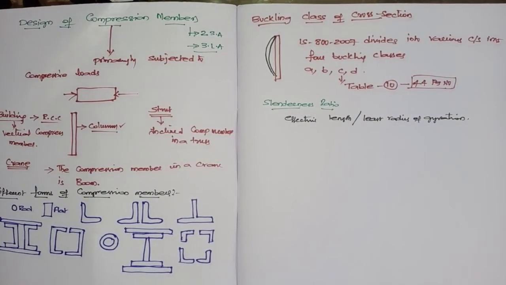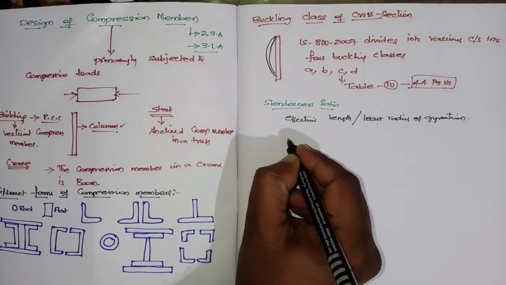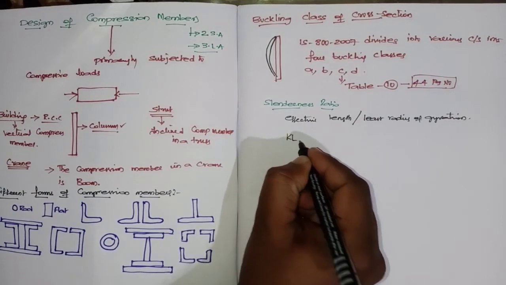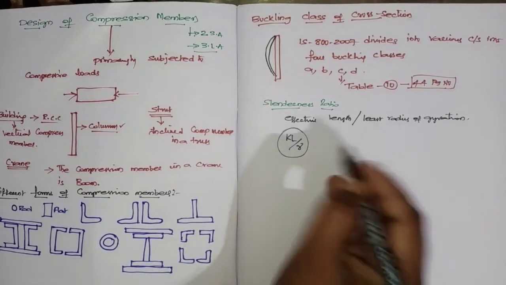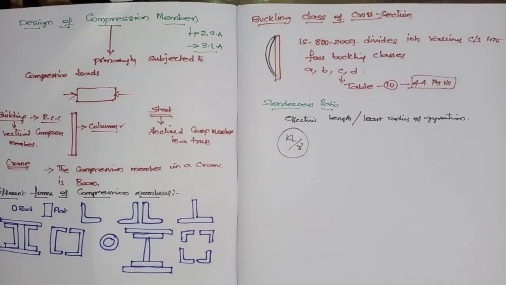That is the slenderness ratio, it is KL by r. When we take corresponding and when we take least, we'll see in the further design problems. What is this least radius of gyration or corresponding radius of gyration? And you all know this has no units, mm by mm.